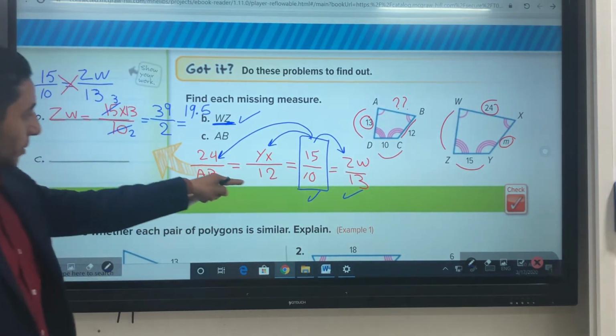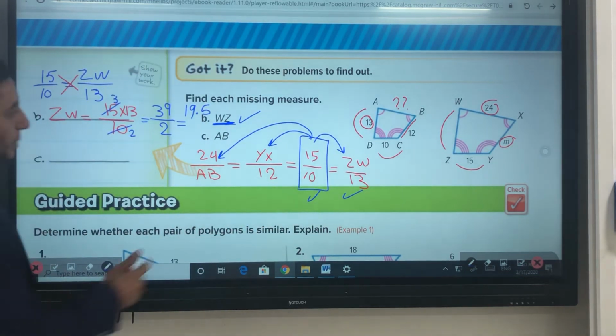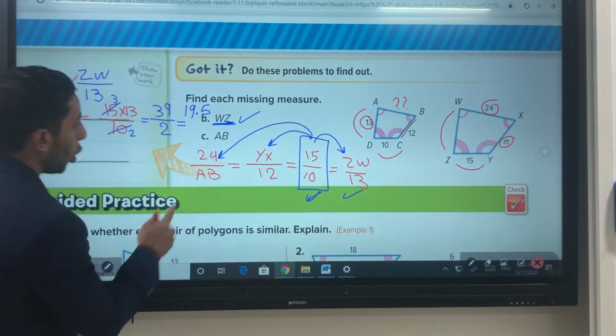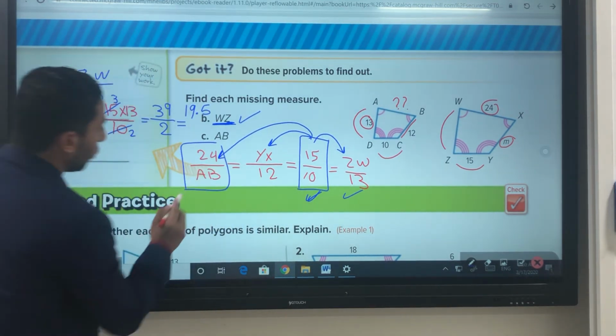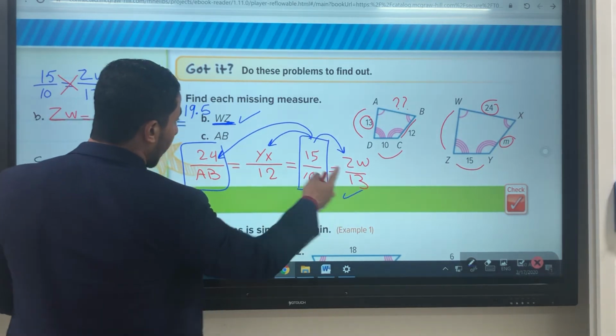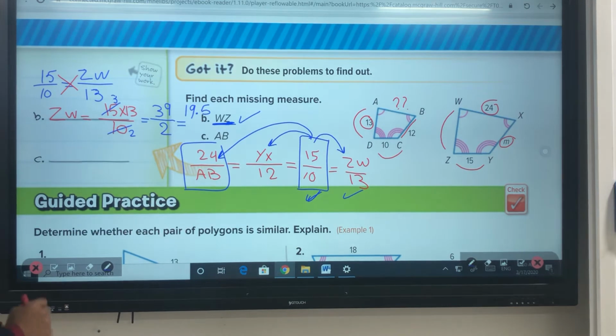Again, I'm back to these ratios and take the full ratio 15 out of 10 with the first one to find AB. Good.